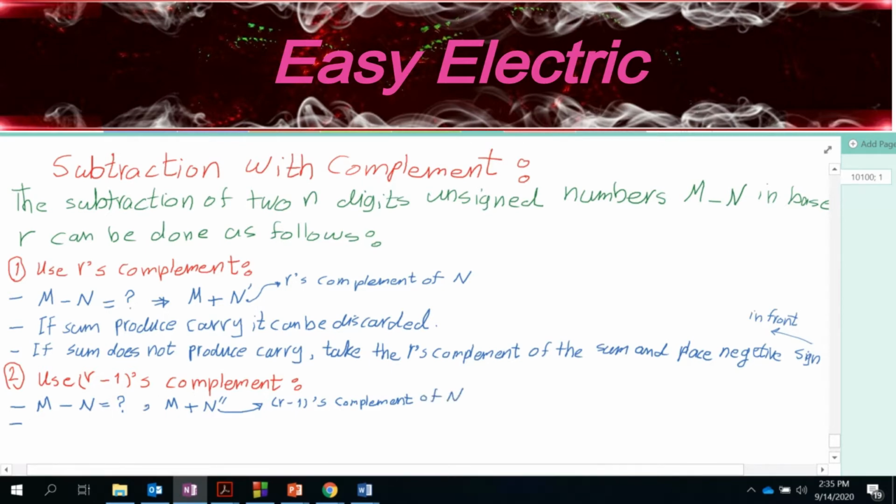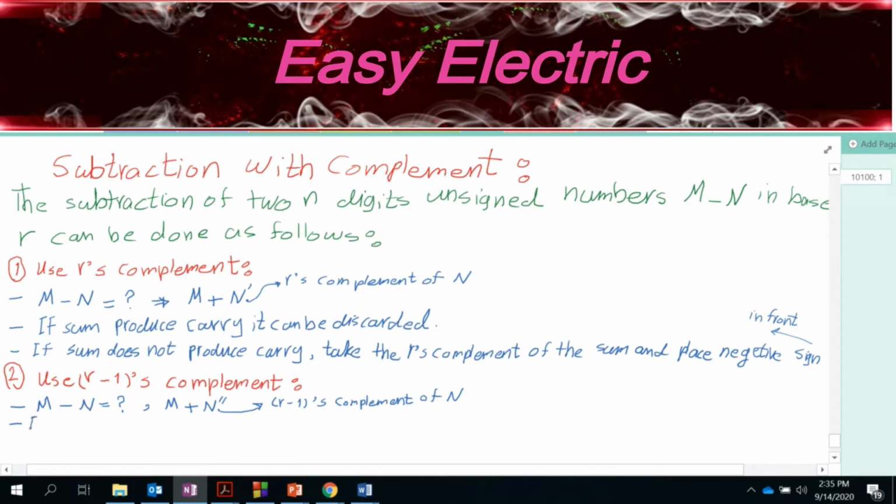So you just add with the r minus 1 complement of the second number. Let's see what different scenarios could happen. Definitely there will be two scenarios: you have a carry or you don't have a carry, right?